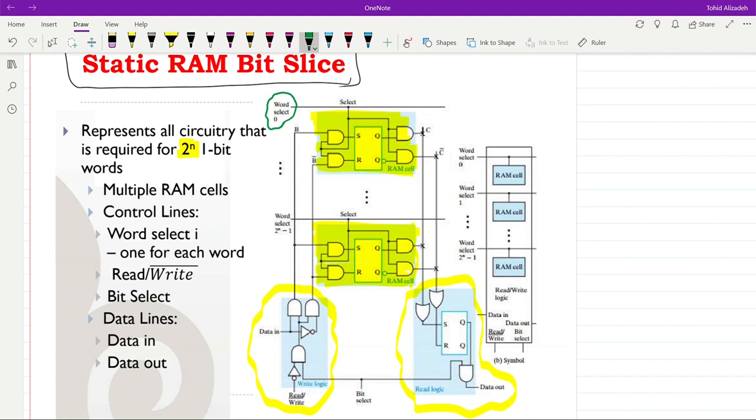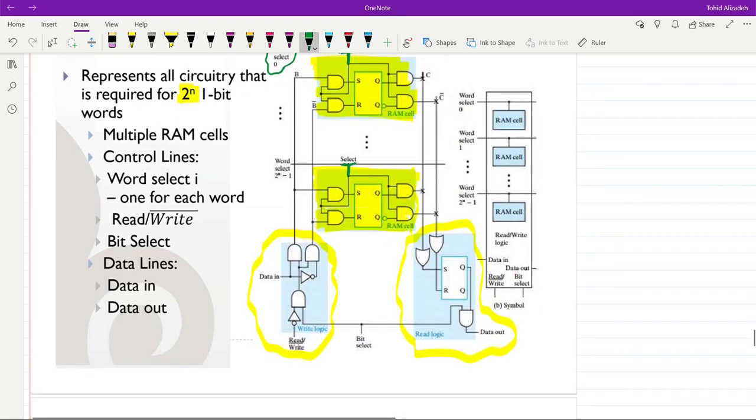The word select input is the signal that we pass to the select input of each cell. So with the word select, which is somehow the memory address, the select input to one of the cells will be equal to 1, and for the rest it will be equal to 0 at any time instance.